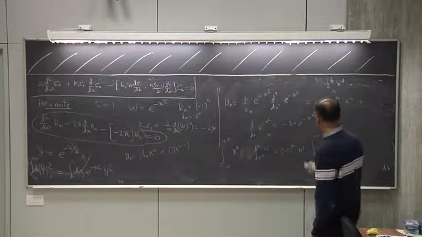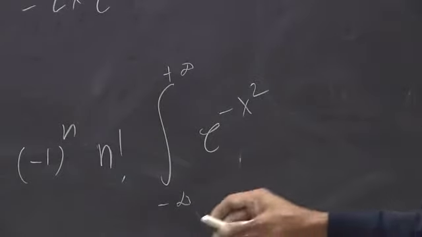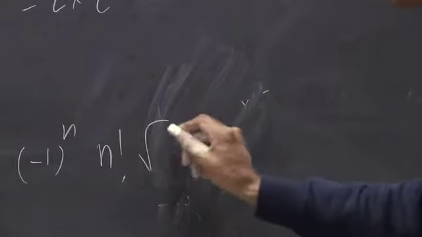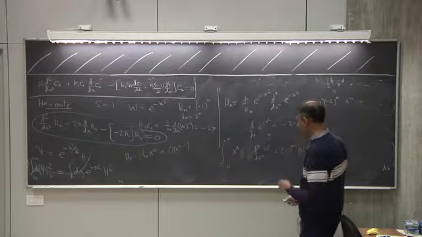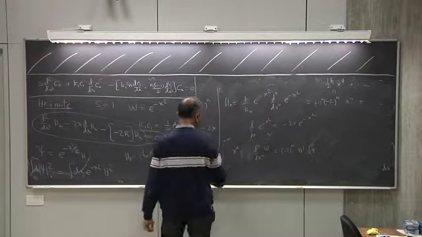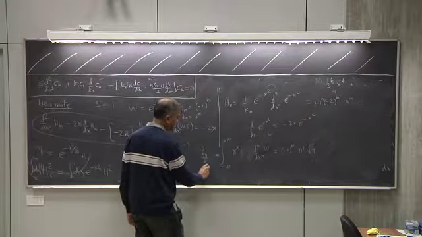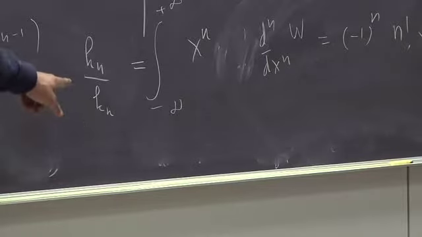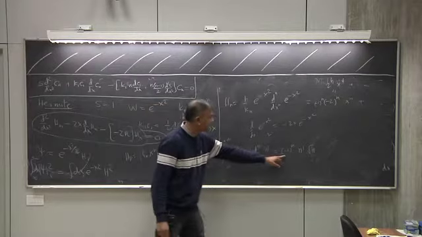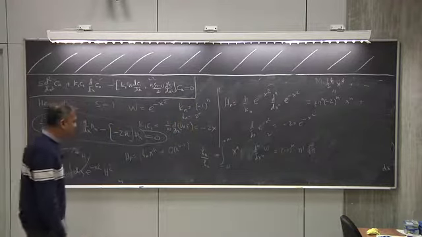That gives you square root of pi, the Gaussian integral. But this integral we said is the same as Hn divided by Kn. So therefore Hn is simply this times Kn. Something is going wrong here.